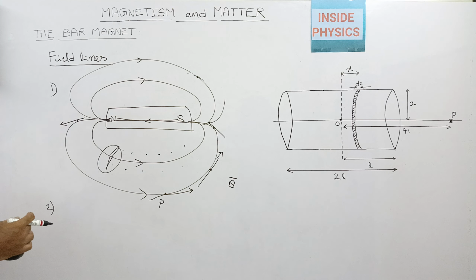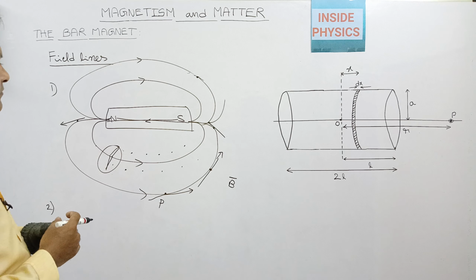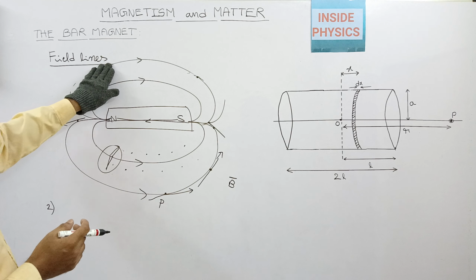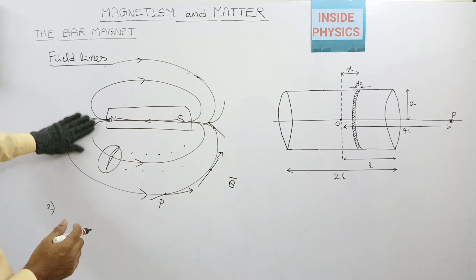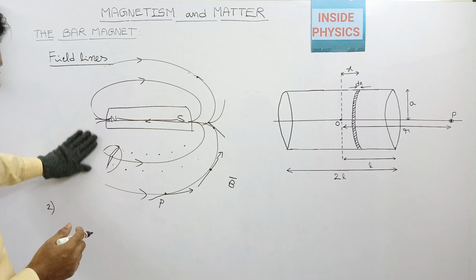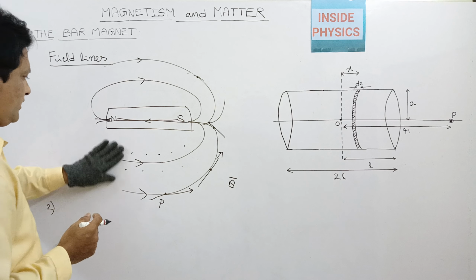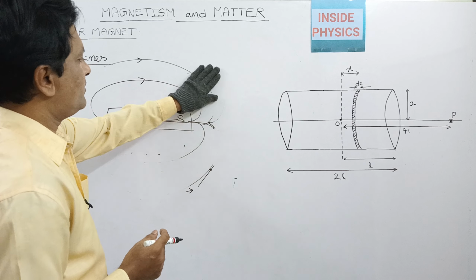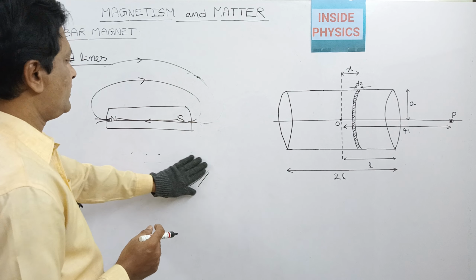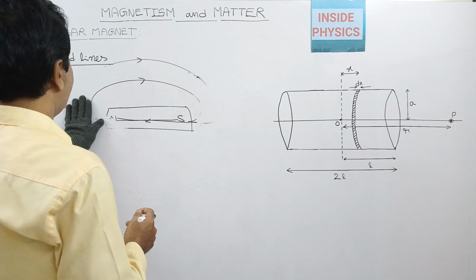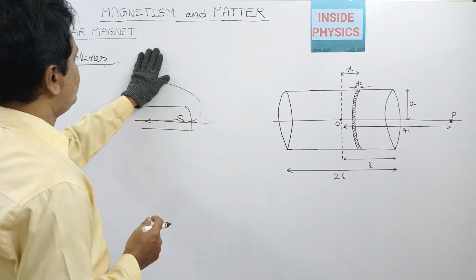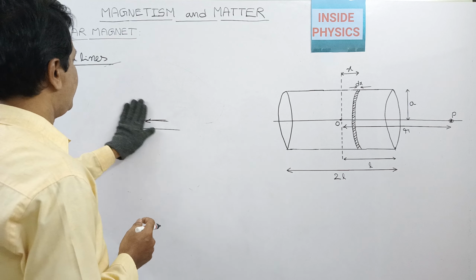This is the way of marking the magnetic field lines around a bar magnet. This is also applicable to a solenoid, which is almost analogous to a bar magnet. If you place a magnetic compass needle near a solenoid, you will get the same field lines as those generated by the bar magnet.